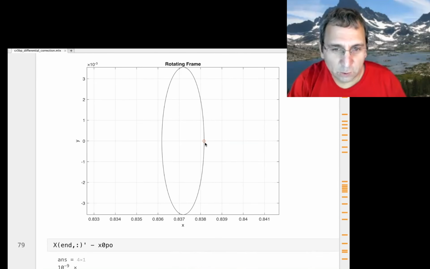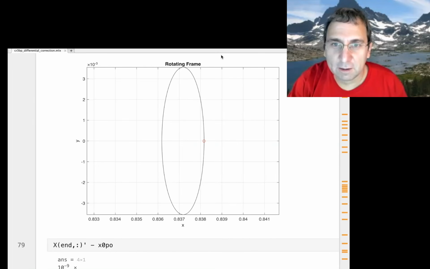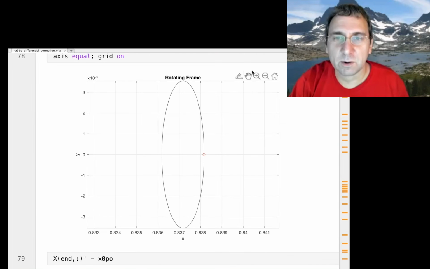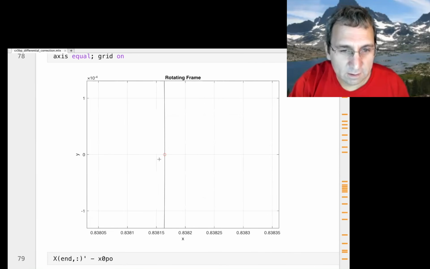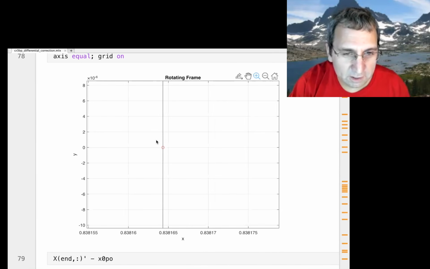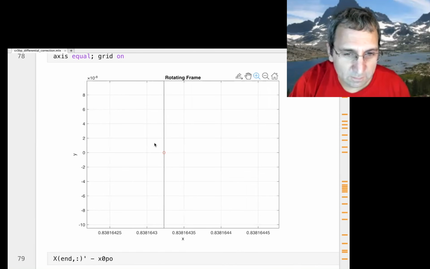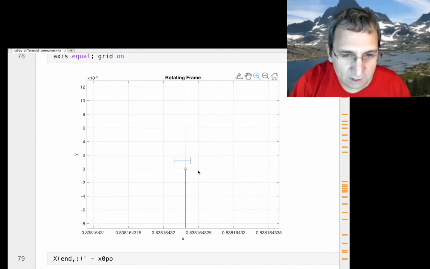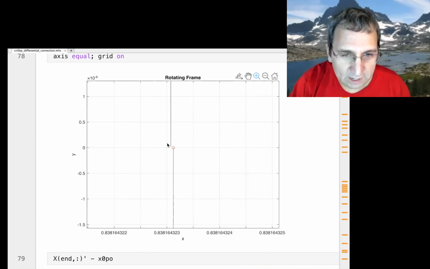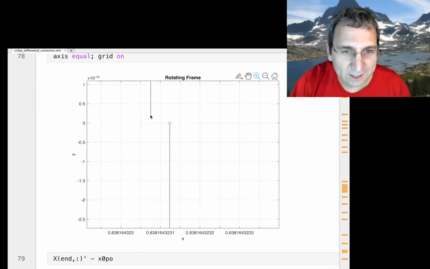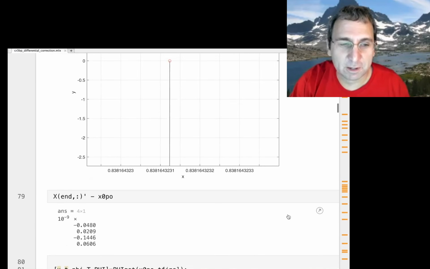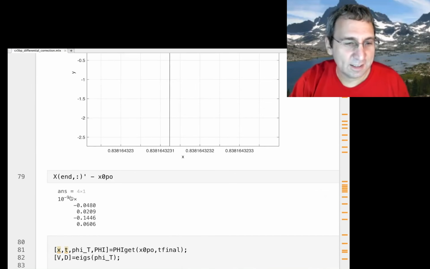And if we wanted to know what the actual displacement is, I'd have to zoom in quite a bit to see any kind of problem with this, because it's not perfect. Okay, so when it came back, there's a little bit of a displacement in position, but if we calculate the full displacement vector in phase space, it's very small.